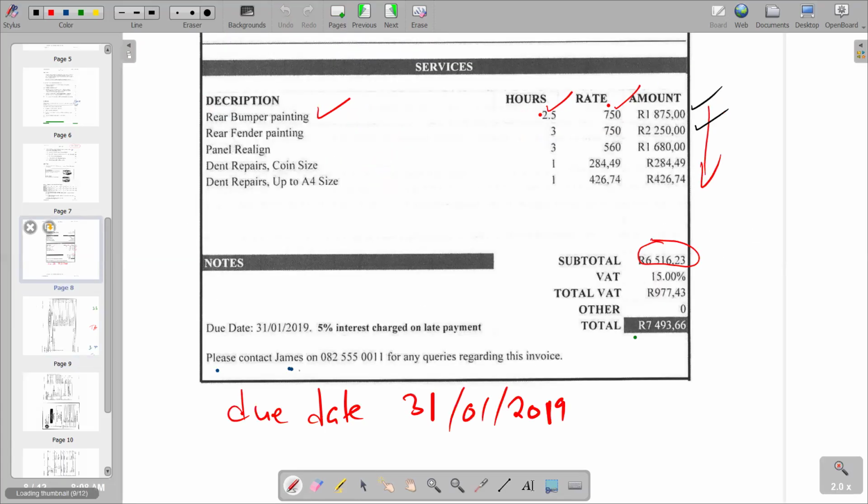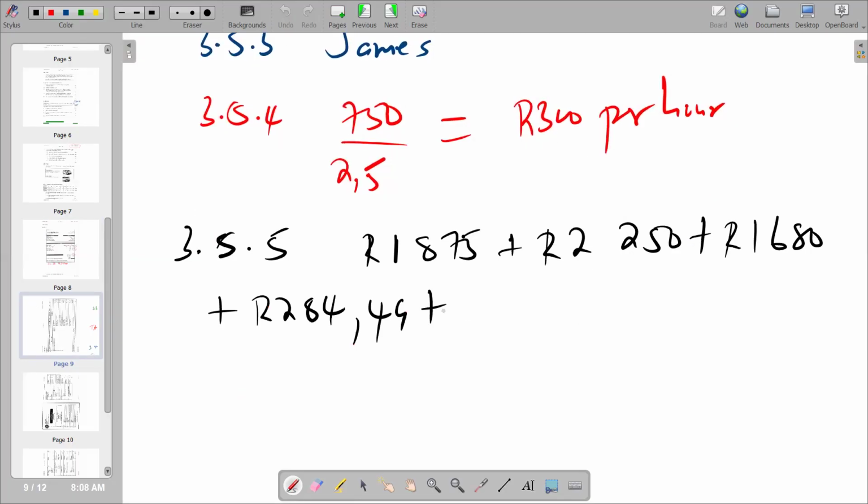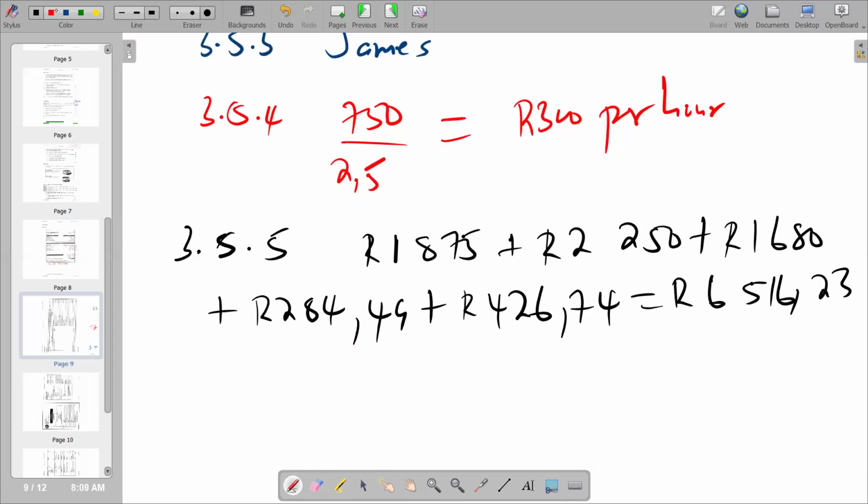And after that one, we've got 426 rands 74 cents. So calculate it like that. See that the final answer that we're supposed to get is 6,516 rands 23 cents. So this is the final answer. So we have shown how we got our 6,516 rands 23 cents.